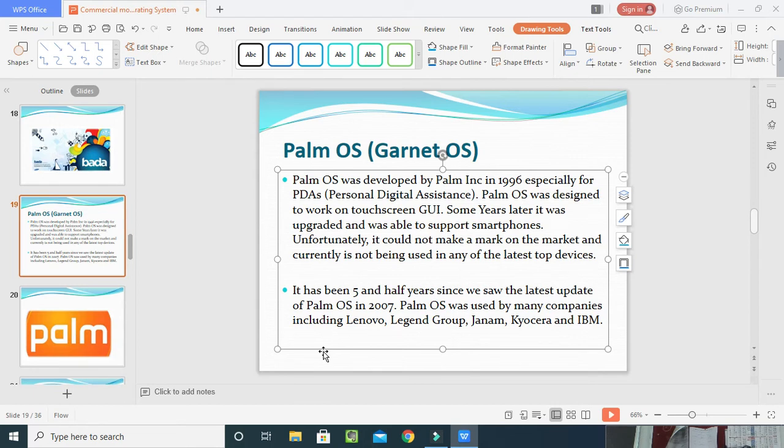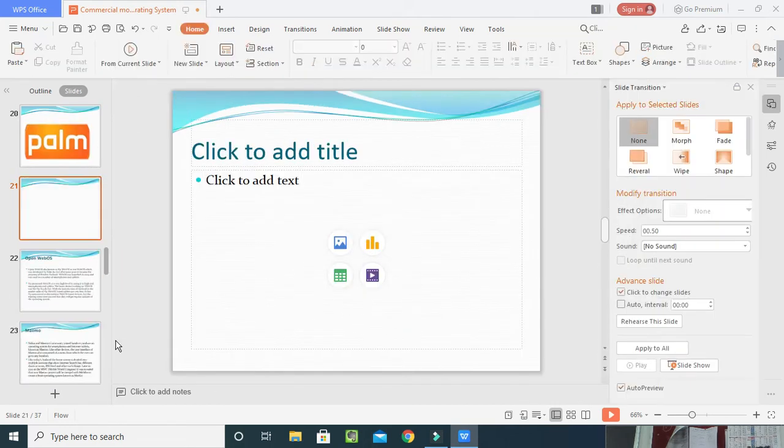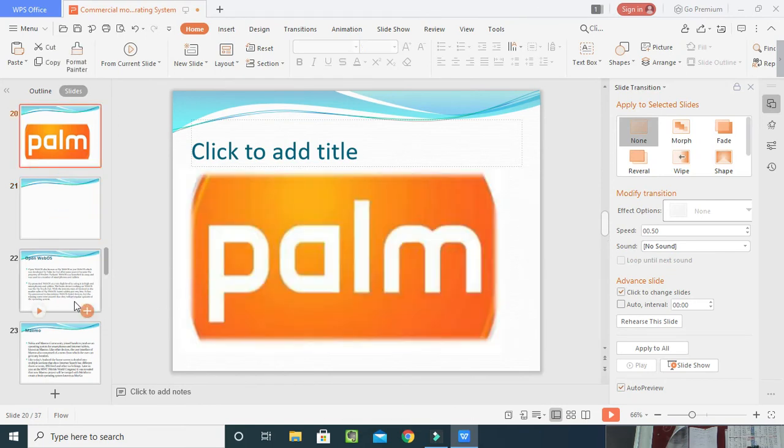Palm was used by many companies including Lenovo, Legend Group, Janam, Kyocera, and IBM. They started using and upgrading Palm OS to support smartphones. If you see the logo, you can understand what it means. This is the logo of the Palm operating system.